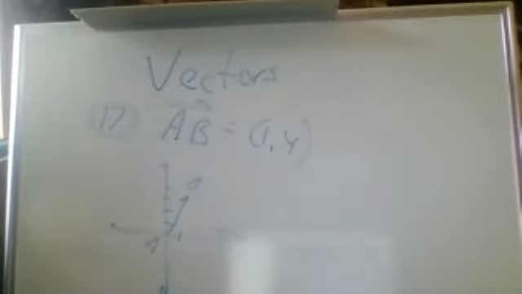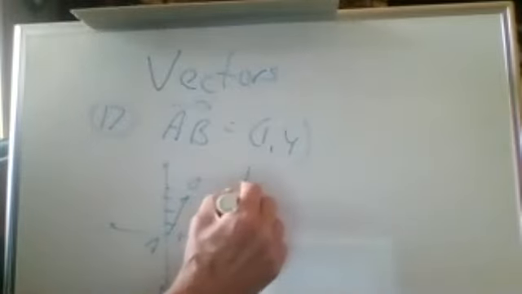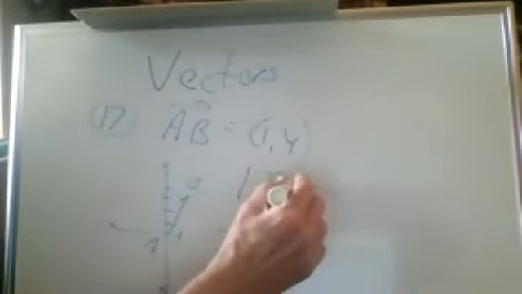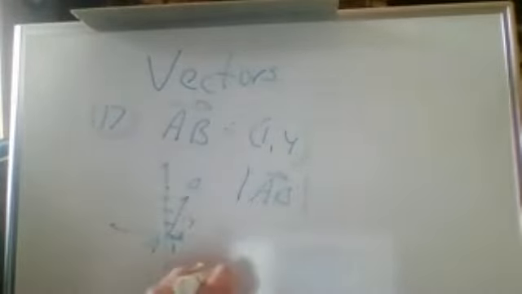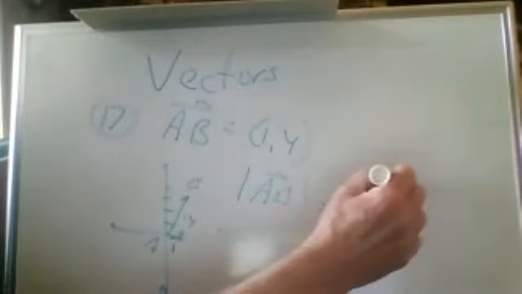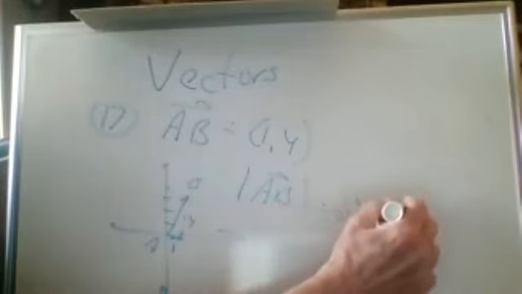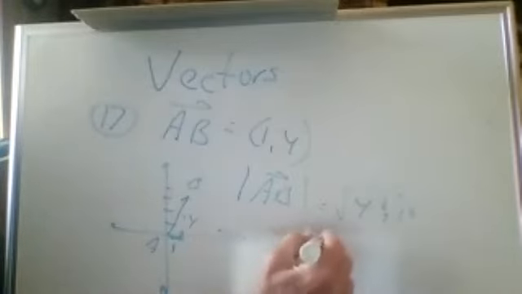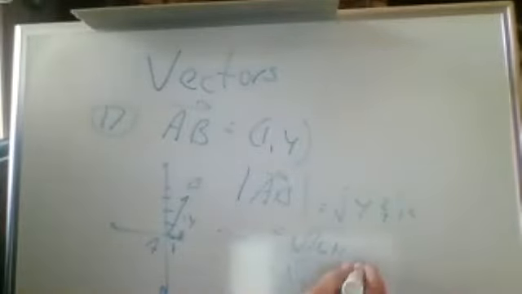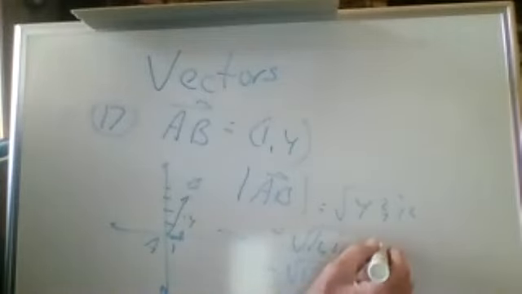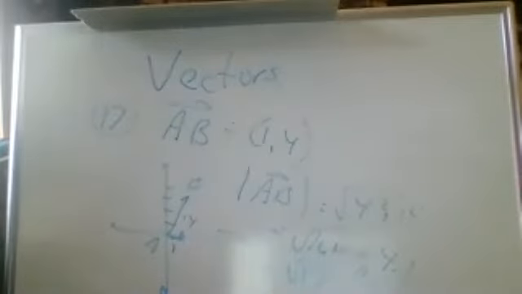So sketch that, and to find the magnitude of vector AB, this distance right here is 1 and this distance right here is 4. So it's the square root of 4 squared plus 1 squared, which is 16 plus 1, or the square root of 17 would be the exact answer. If you want an approximate answer, it's a little bit over 4, so approximately 4.1 would be your magnitude.